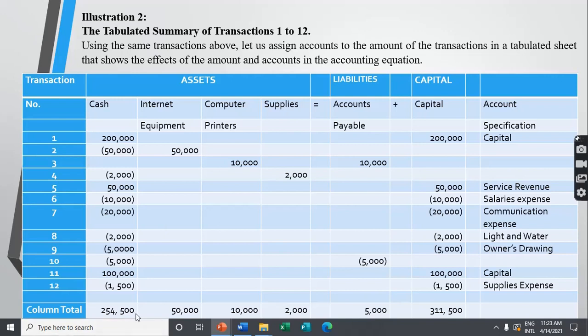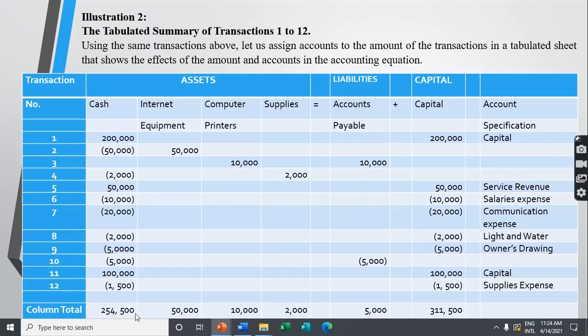So, we have 254,500. And then, plus 50,000.